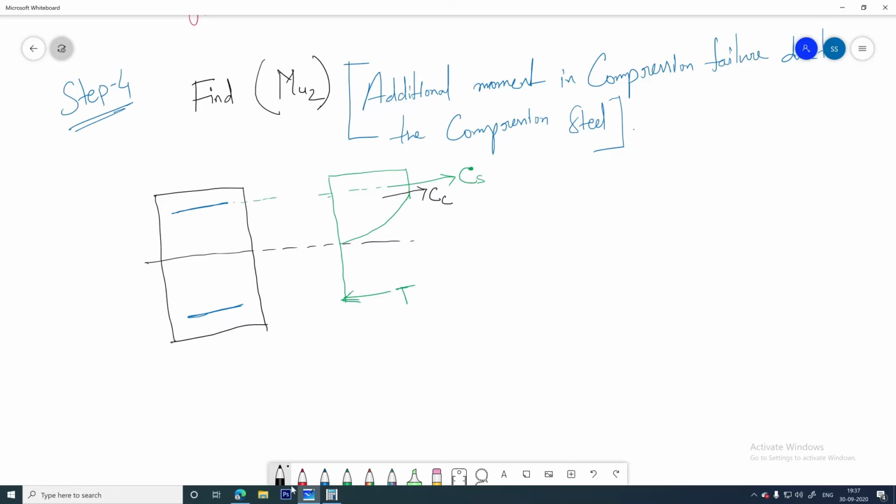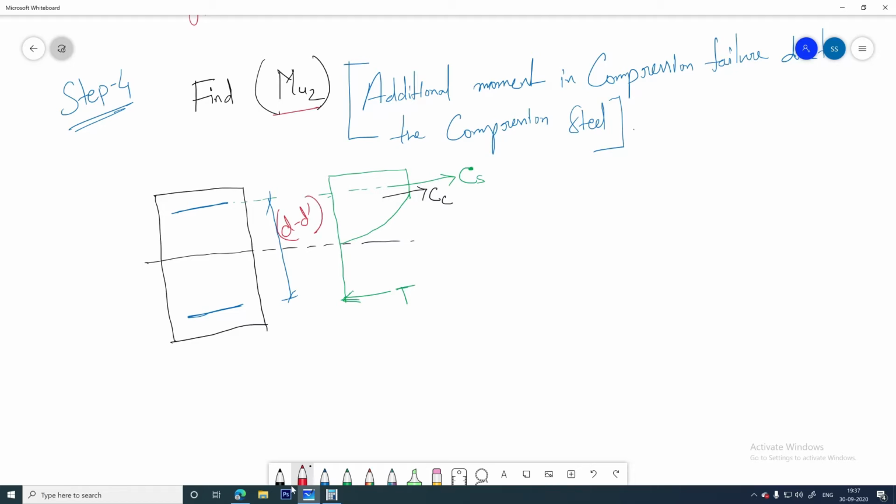The first one is due to the effect of the steel. So when you consider this CS, what will be the lever arm? The lever arm will be this particular distance, right? And this distance is what? D minus D dash.